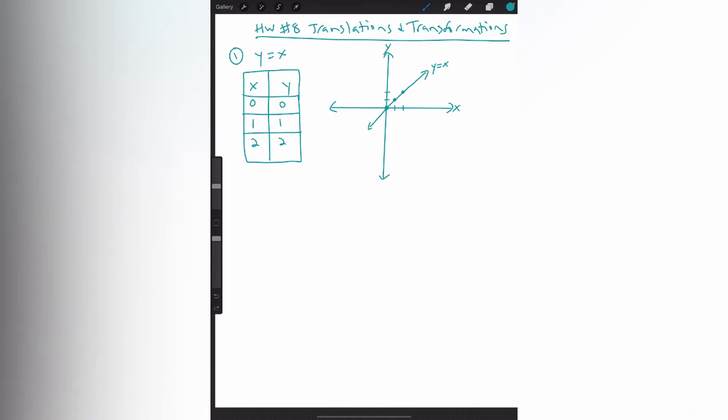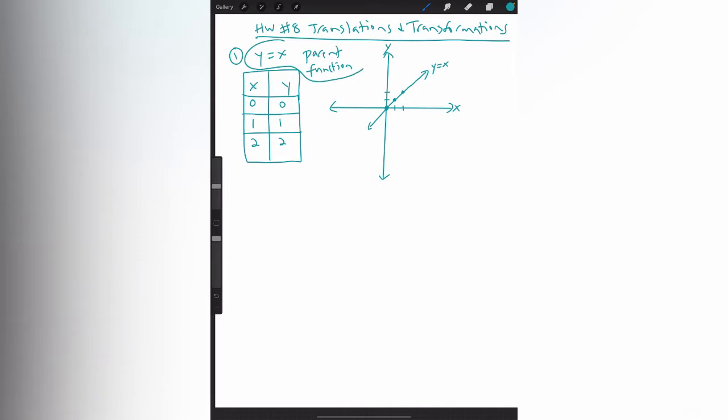So we know y is equal to x here. The very first question asks, how is each function related to y equals x? How is it similar? What happened to it? It says graph the function by translating the parent function. In this case, y equals x will be my parent function.